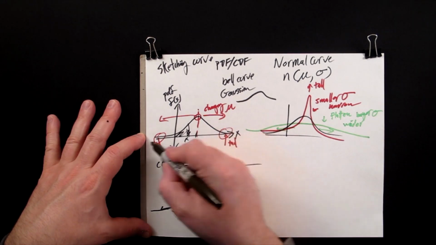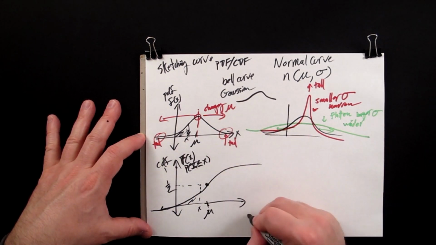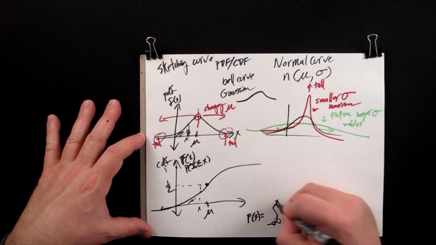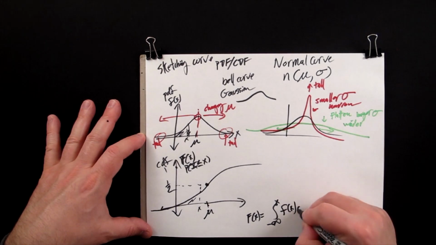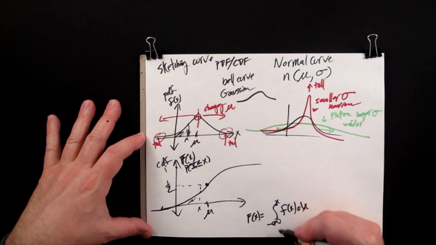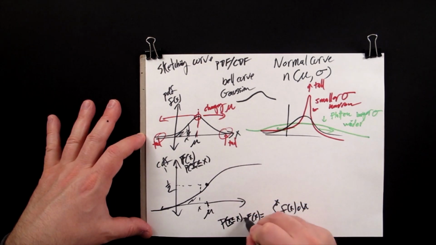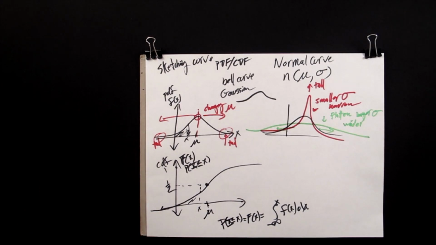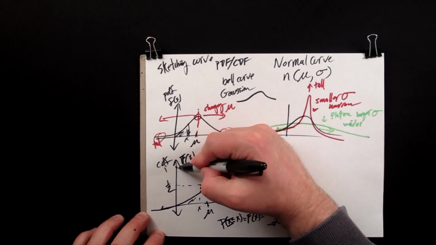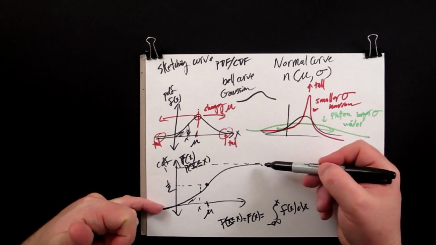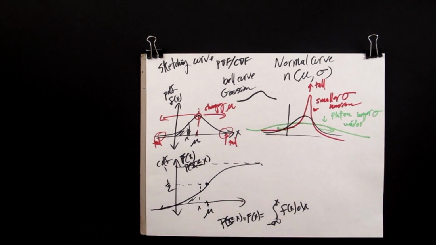That's the cumulative probability of seeing any observation less than or equal to x. This value here is 1. So again, it ranges from 0 to 1, and it's got this smooth curve up.